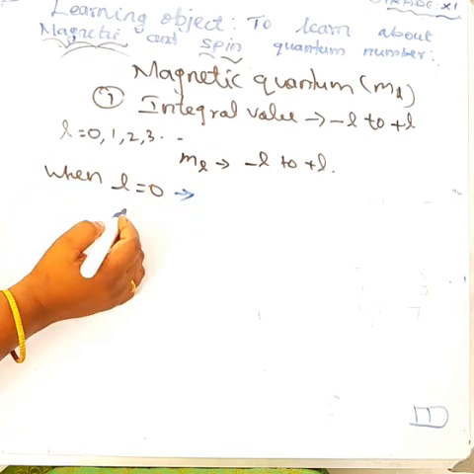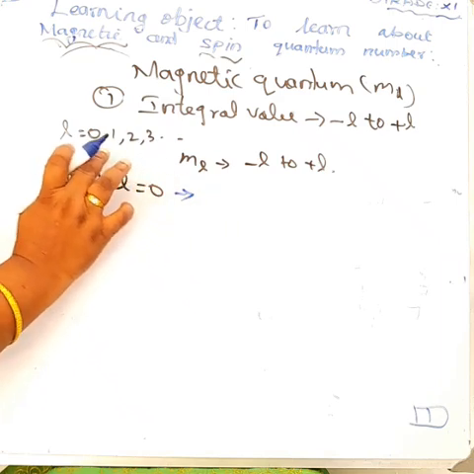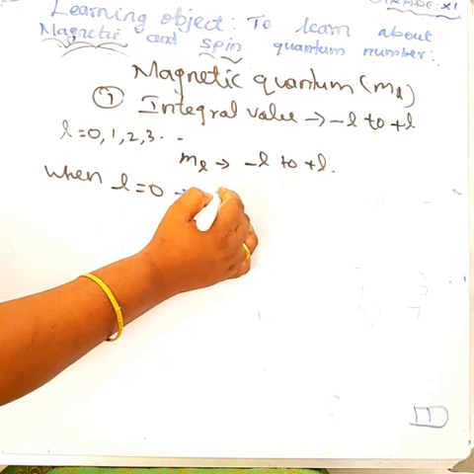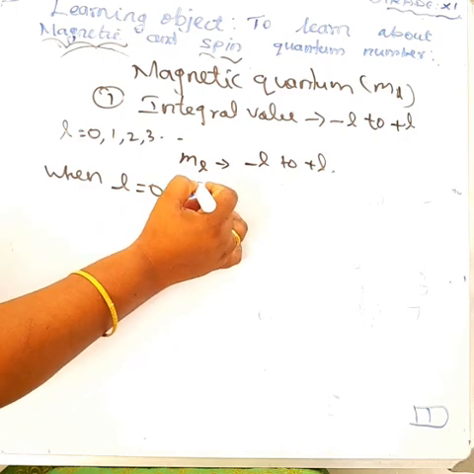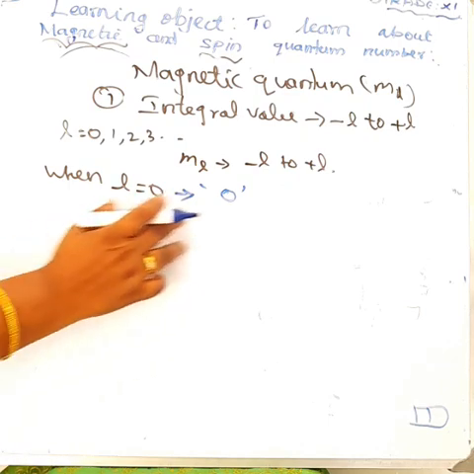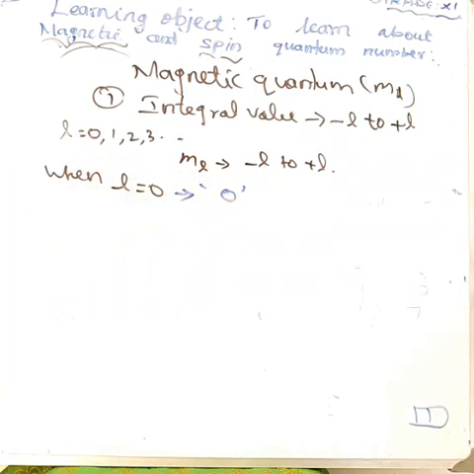It ranges from minus L to plus L. The L value here is 0, so the integral value of the magnetic quantum number is 0. L is equal to 0 means 0.